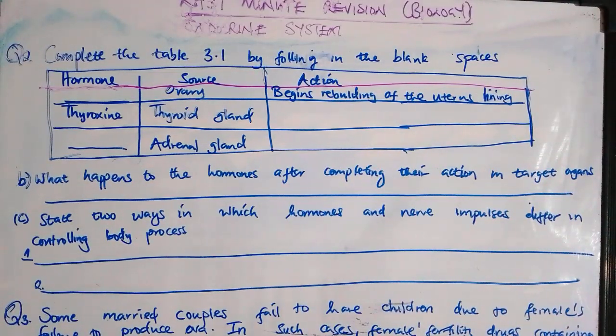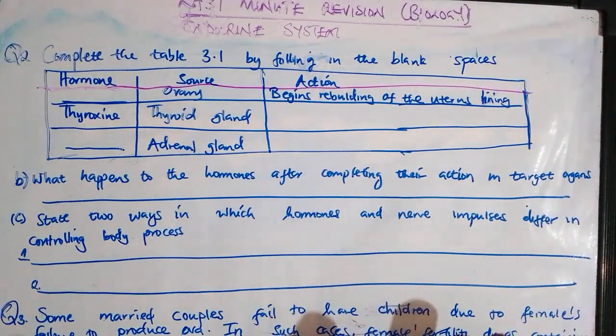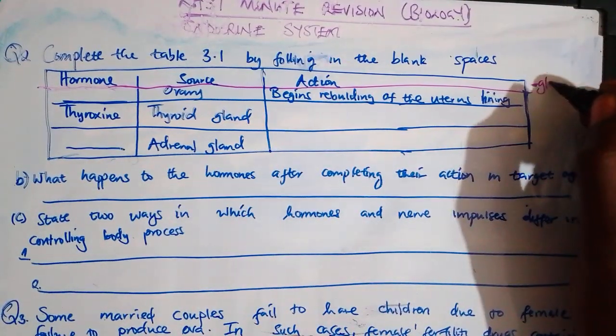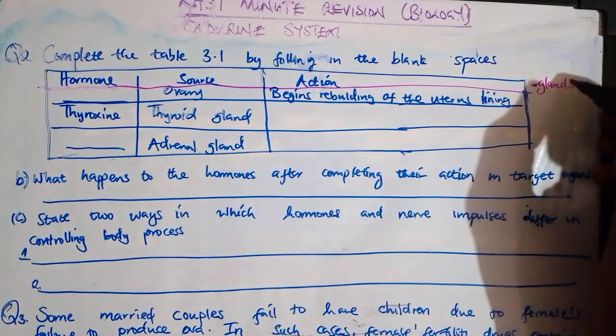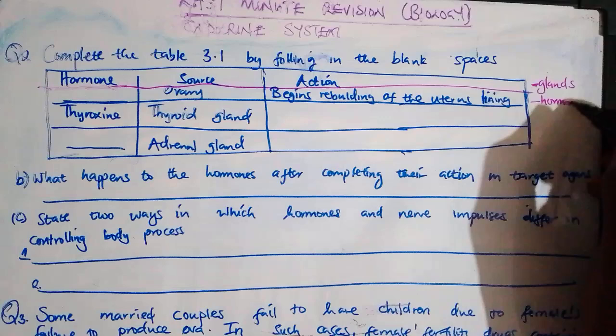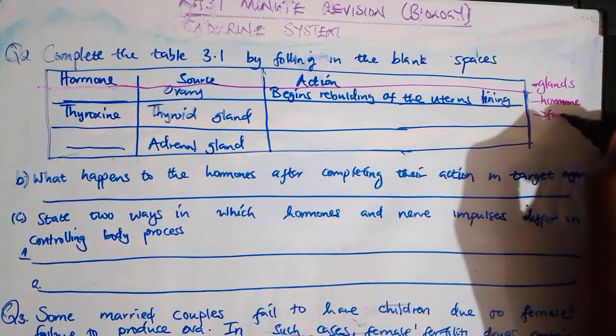So before I solve, let me tell you what you need to focus on as you are revising your endocrine topic. So the first part you need to focus on is the glands. Know the glands and what they produce. The second thing are the hormones. Know each and every hormone and their functions.